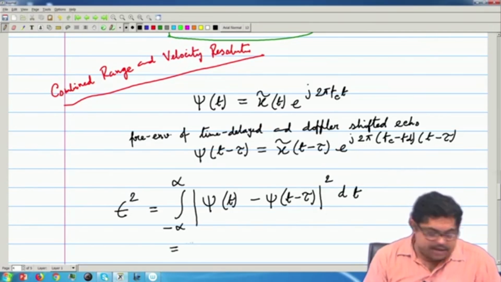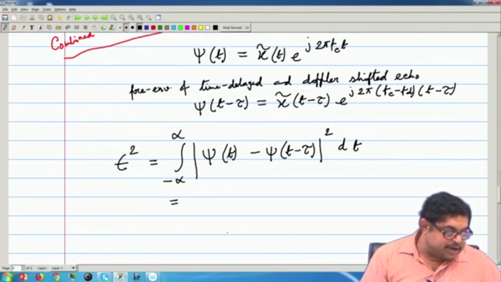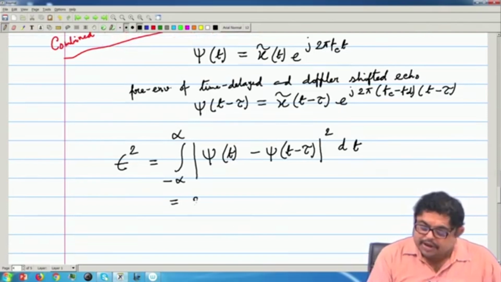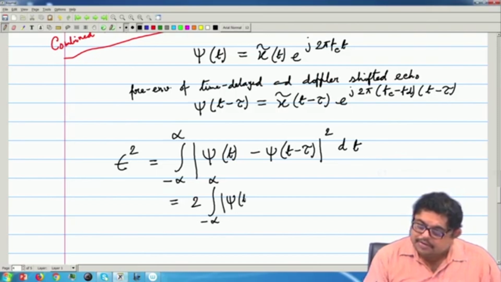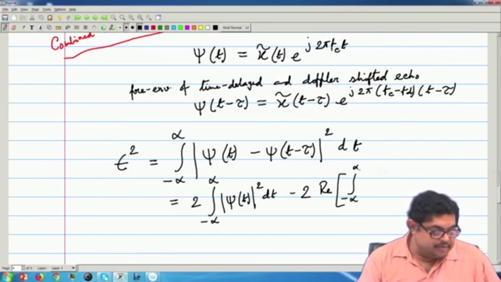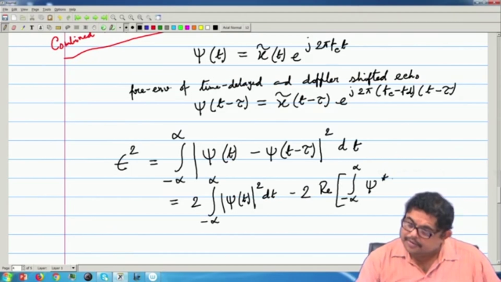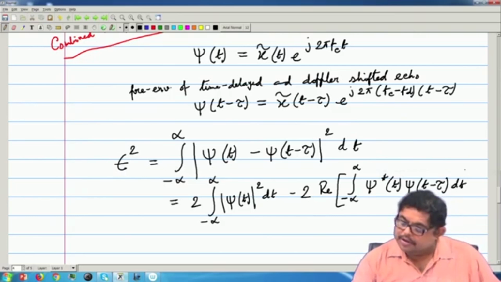So, again you can easily manipulate this. I can write this directly as 2 integral from minus infinity to infinity psi t square dt minus 2 real part of the integral of psi t psi star t minus tau dt.